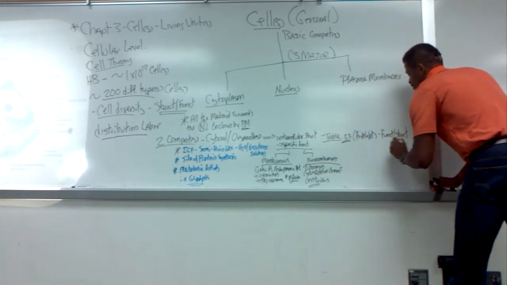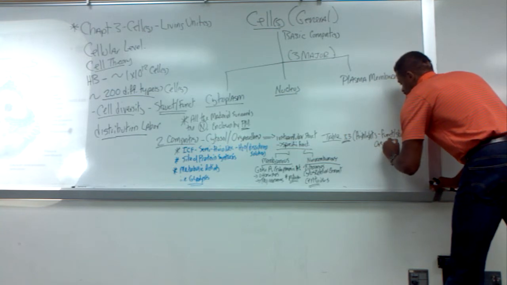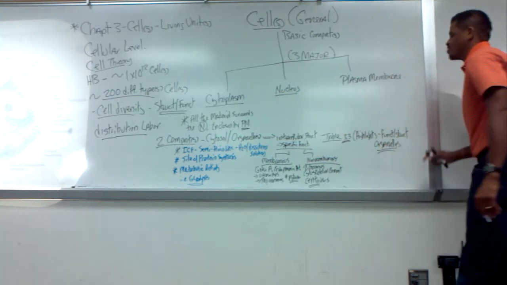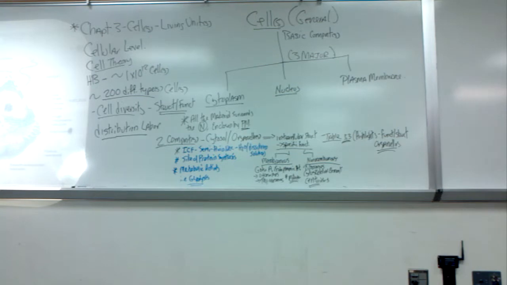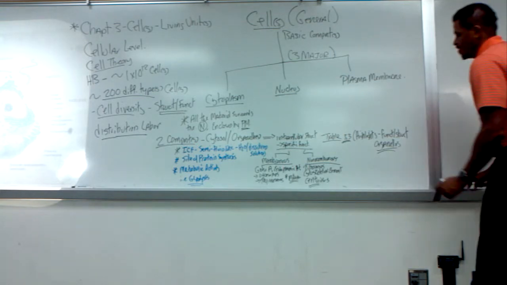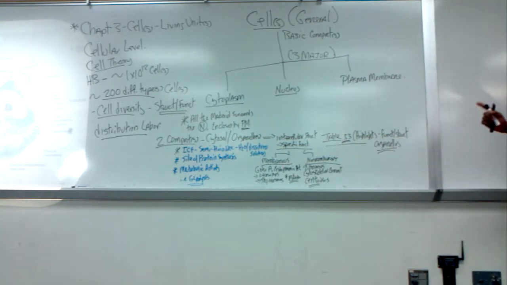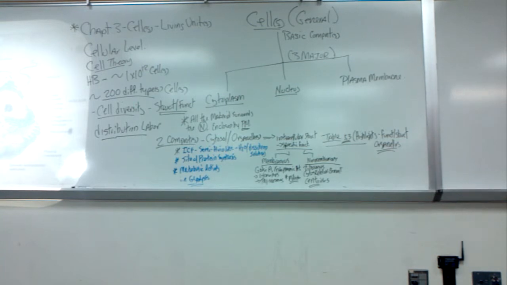I could be wrong on the number of the table, but the point I'm trying to get across is make sure you take a look at the table in the textbook that highlights both the structure and the function. Do we see that in the book? Is it 3.3? Okay, excellent. From here on out, throughout the entire semester, you'll be responsible for knowing the function and the structure of all the organelles associated with the cells of the human body.